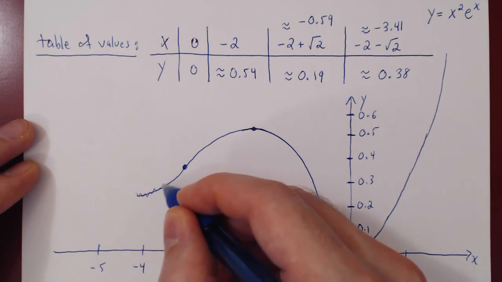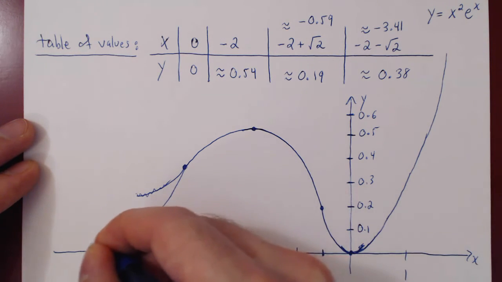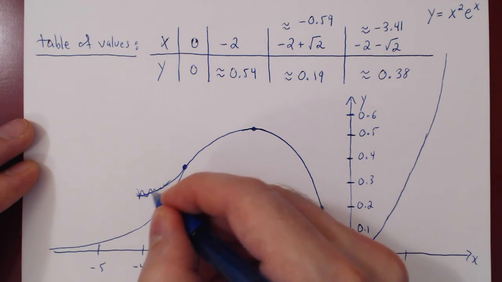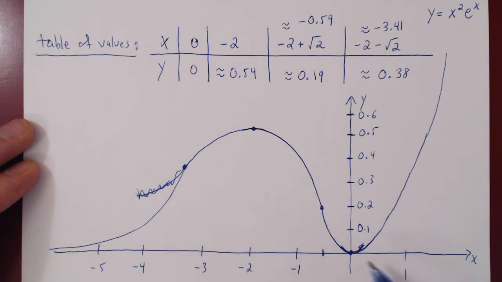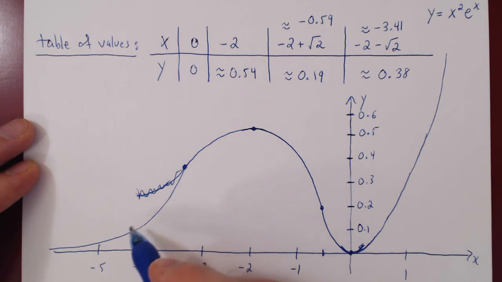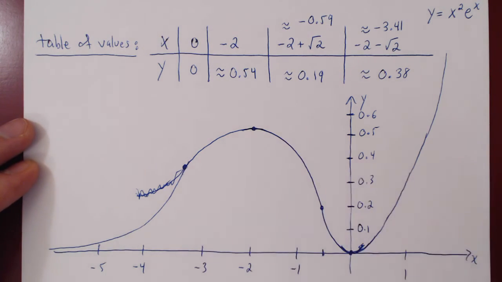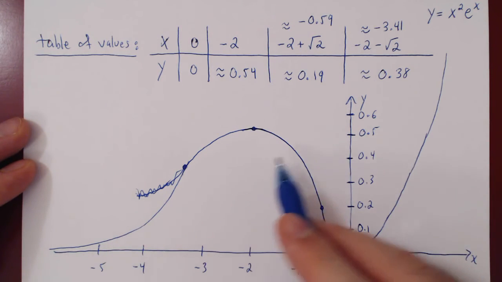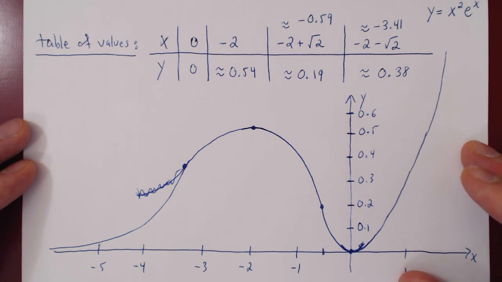So I'll tweak this a little bit and say it goes like this. It is concave up and increasing, but as we have just said, as x becomes bigger and bigger negatively, y will be approaching 0. And now we have an accurate sketch of the function x squared e to the x.